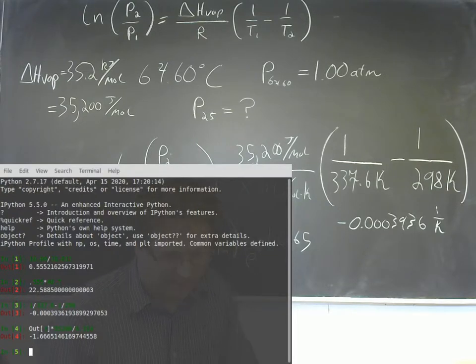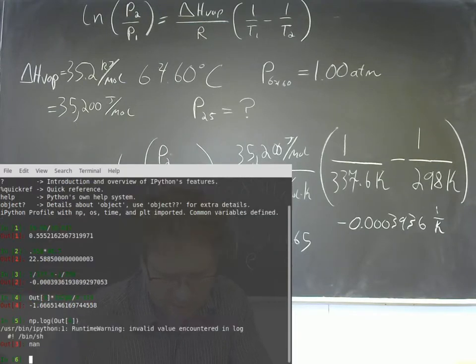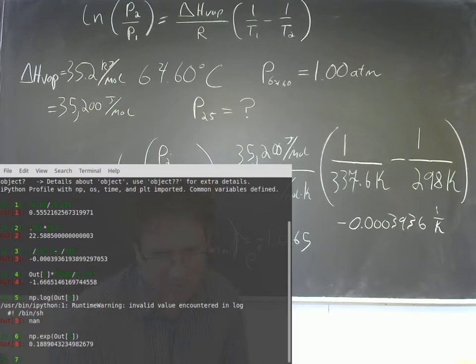For my computer here, it's going to be a little bit funny, but that's what it'll look like, to be undoing the natural log. Okay, and I get 0.1889.